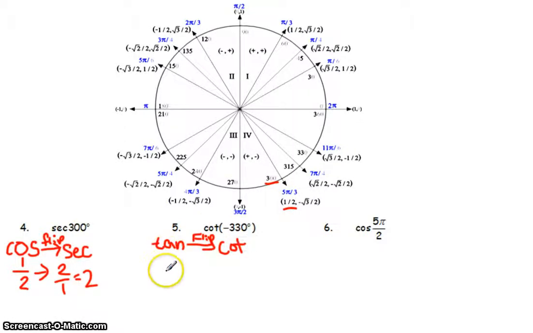Okay, well, to find tangent, don't forget I'm going to have to find sine of negative 300 over cosine of negative 300.